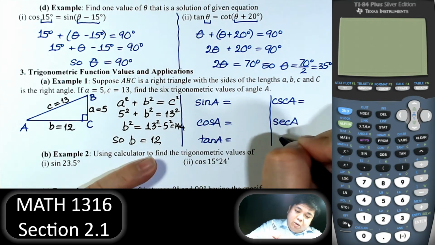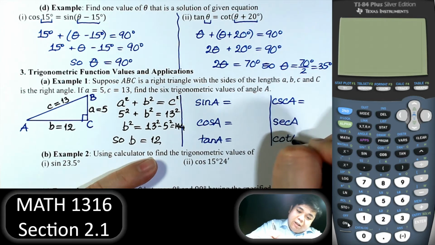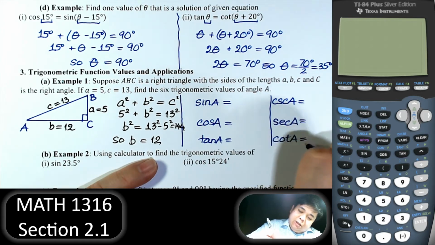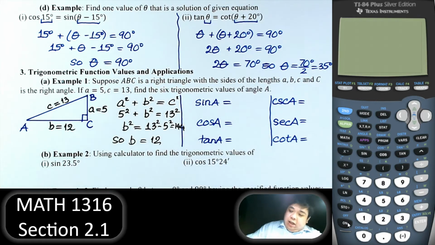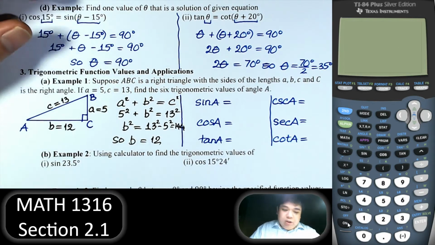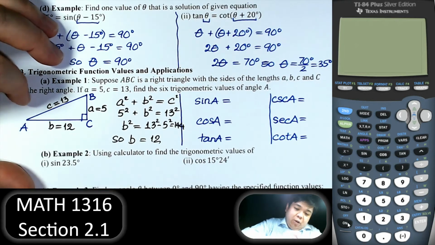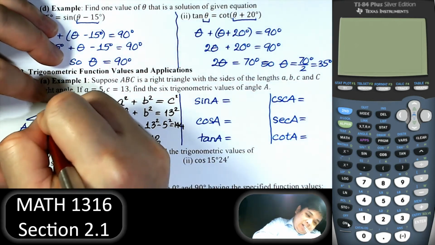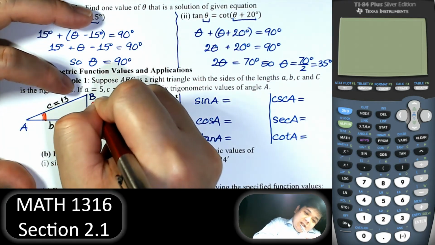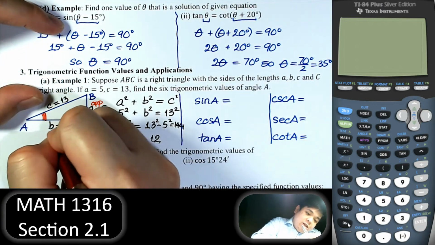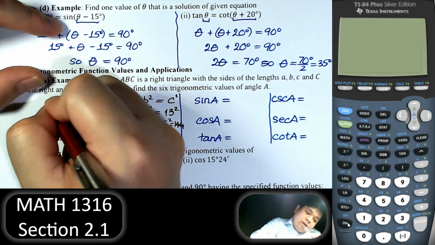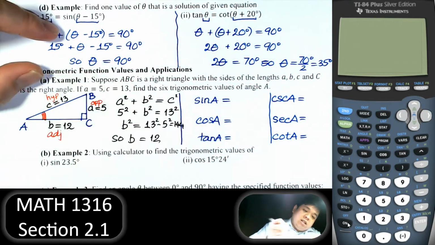And reciprocal of tangent is cotangent. Right? Now, with respect to angle A, opposite is 5, adjacent is 12, and hypotenuse is 13.